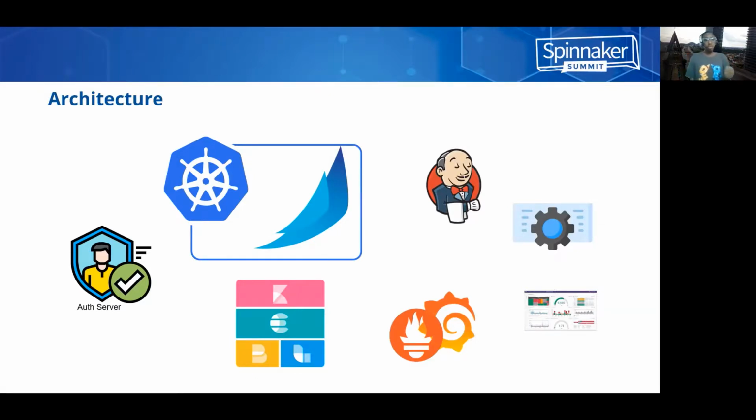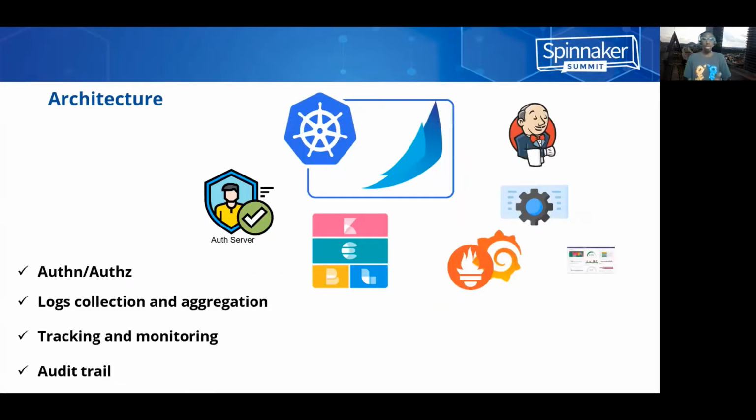By adding Spinnaker to the monitoring system, we can now say we've achieved the following things with this change in architecture: authentication and authorization, log collection and log aggregation, tracking and monitoring with our monitoring system, and audit trails, again with the monitoring, the log collection and the authentication system.